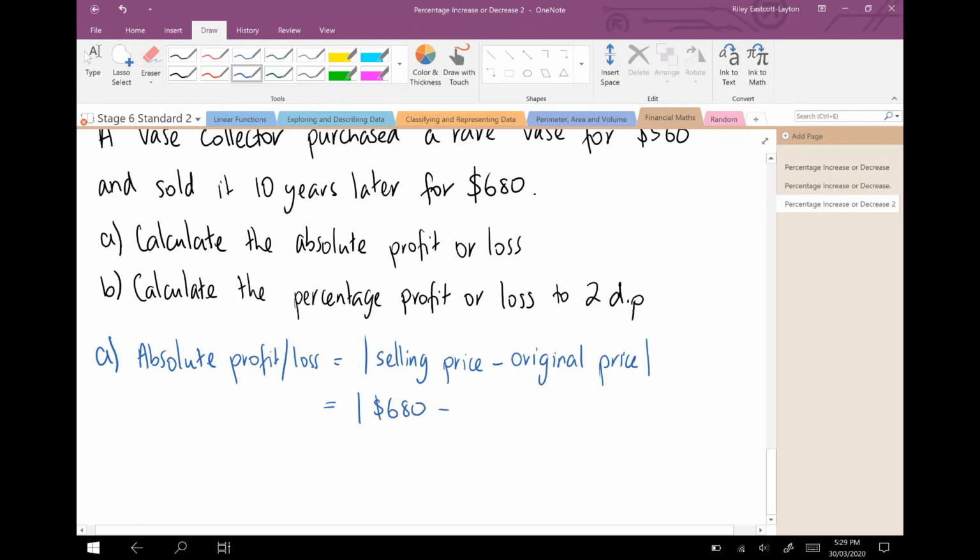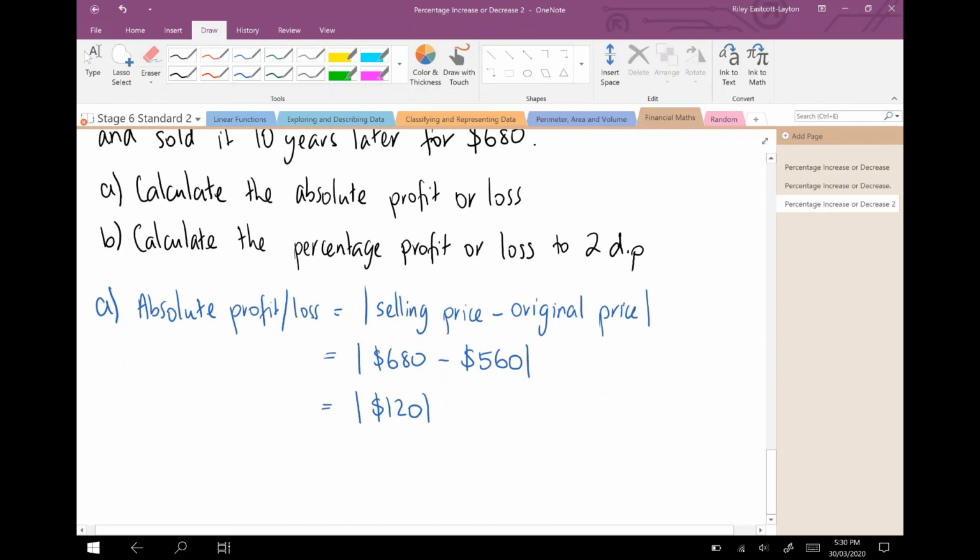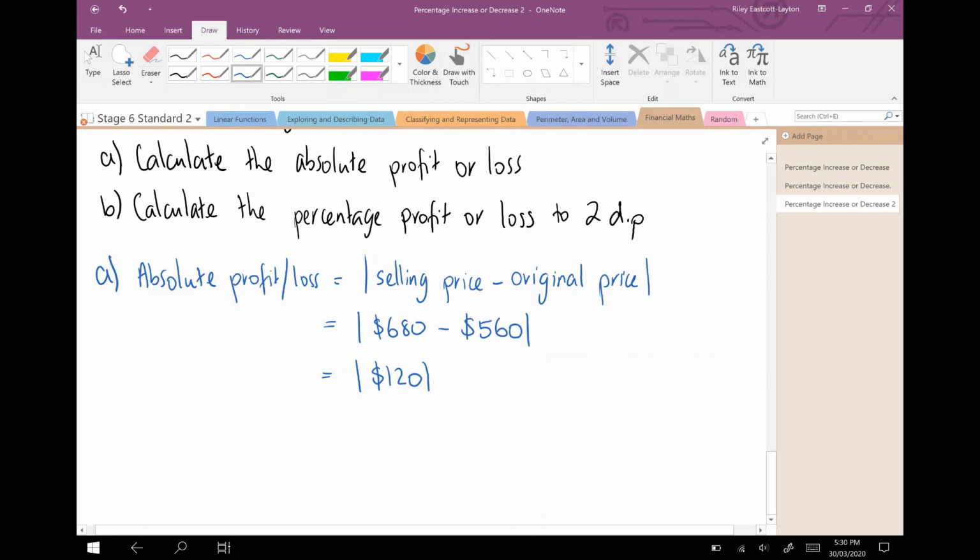And our original price is what he bought it for, or she, which is $560. So our absolute value here will be the absolute value of $120. Now if we had a minus sign right here, which we don't, that would indicate that it was a $120 loss. But because we don't have a minus sign there, it means that the absolute value of $120 is just $120.